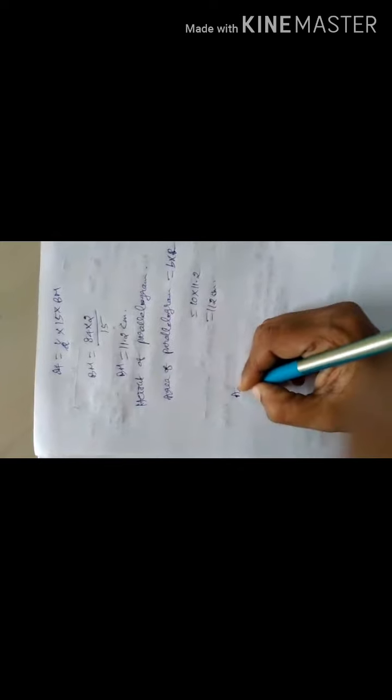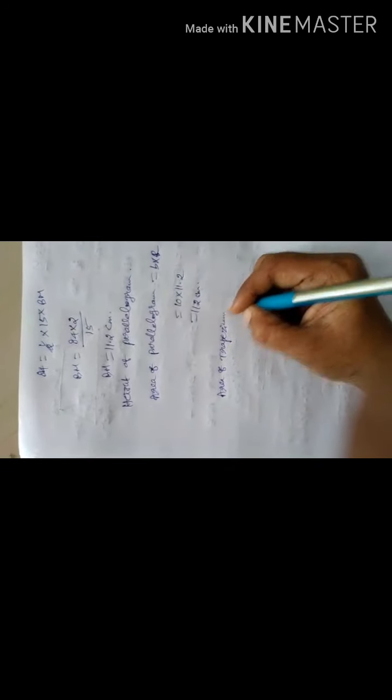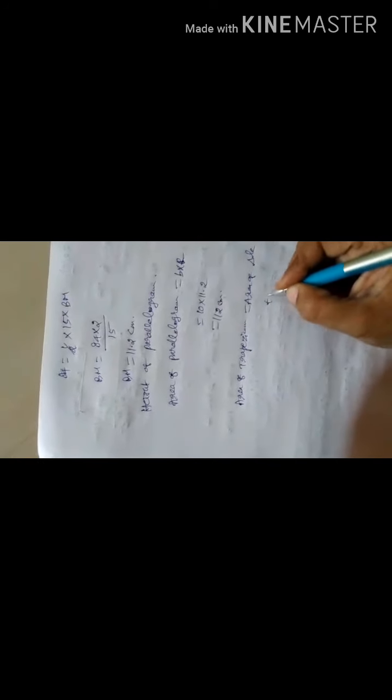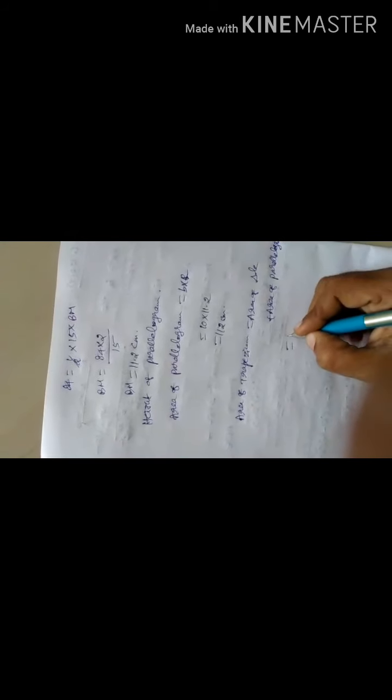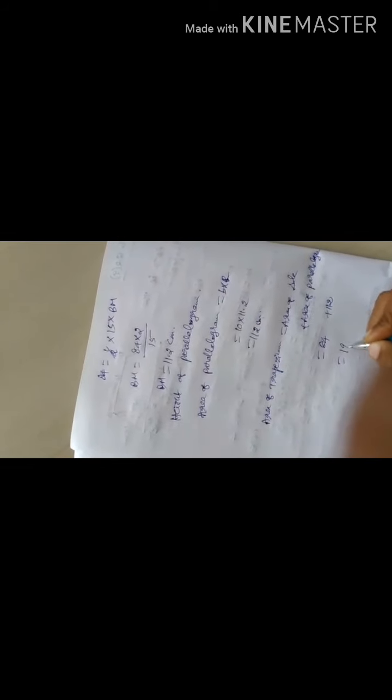So finally area of trapezium equal to area of a triangle plus area of parallelogram. See here, this is 112, area of triangle 84, so 196 centimeter square is the answer for this question.